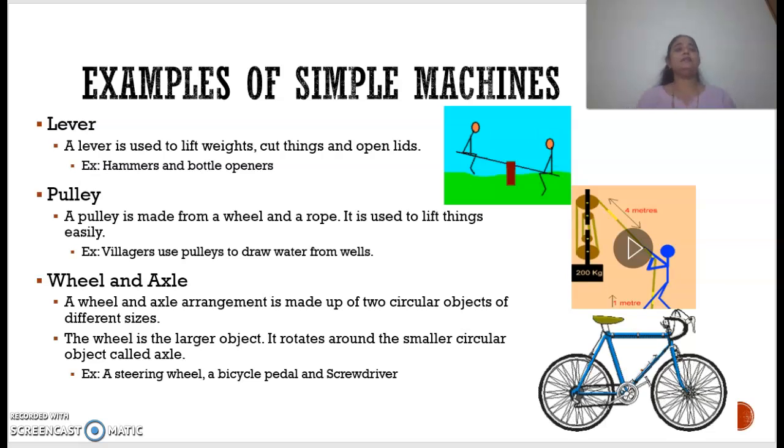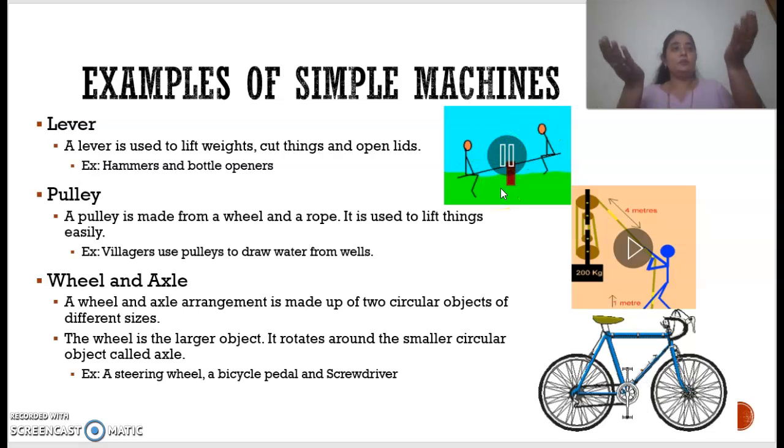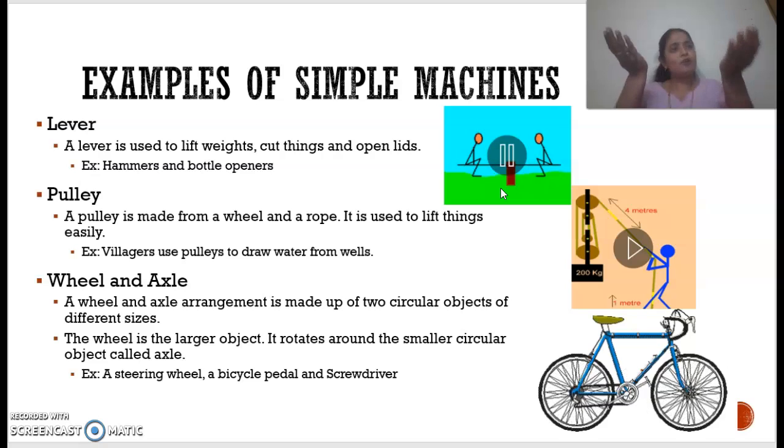The first example is lever. Lever is used to lift weights, cut things, open lids, all this we use lever. For example, to lift weights, if you consider a seesaw, you know that there will be two people. Suppose a small child is sitting, and another elder sister is sitting.